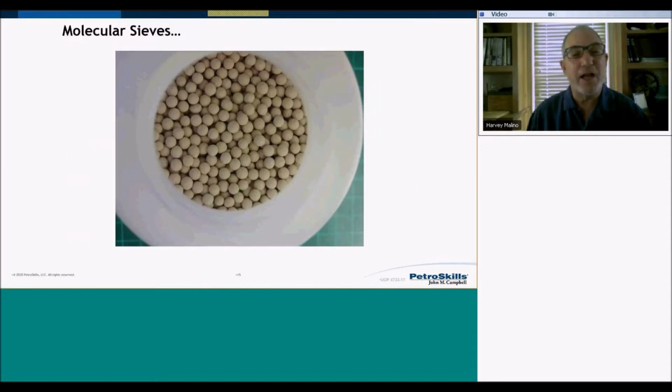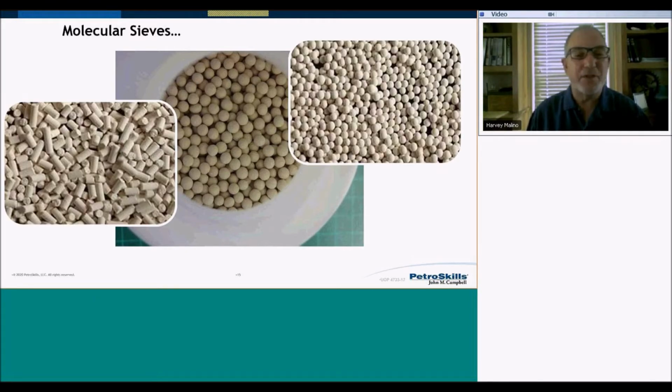What do they look like? Well, they come either in beads or in pellets. Generally, the size of the material for pellets ranges from 1/8 of an inch or 3 millimeters in diameter, and the other size is 1/16 of an inch diameter or 1.5 millimeters. The beads are generally sold as a mesh cut.